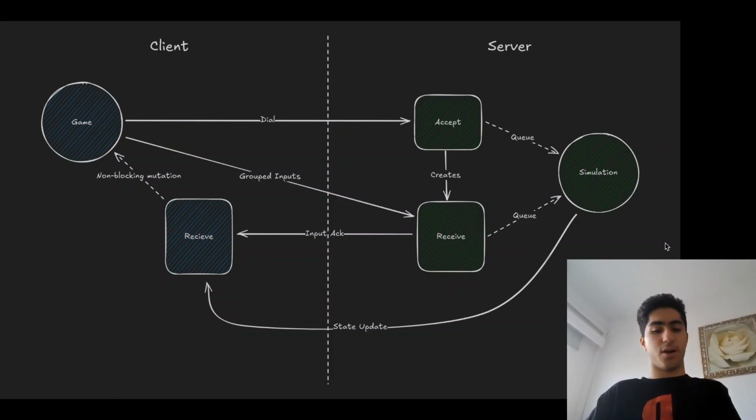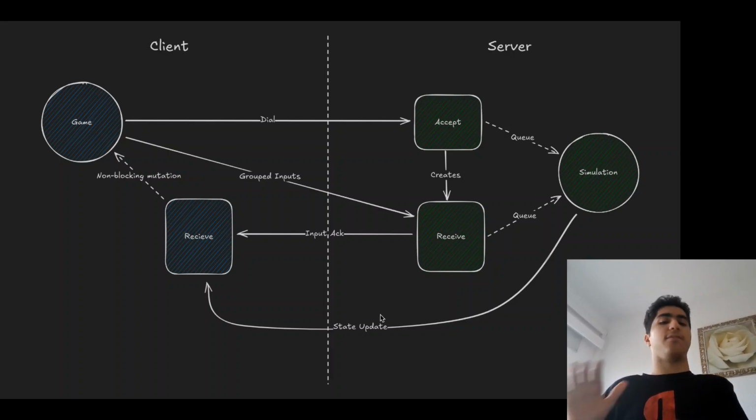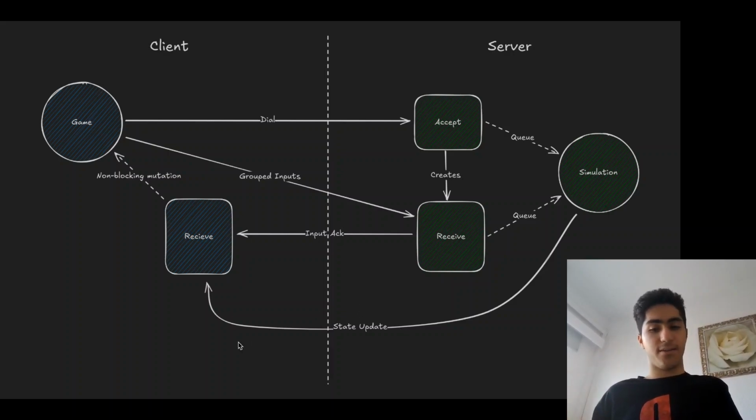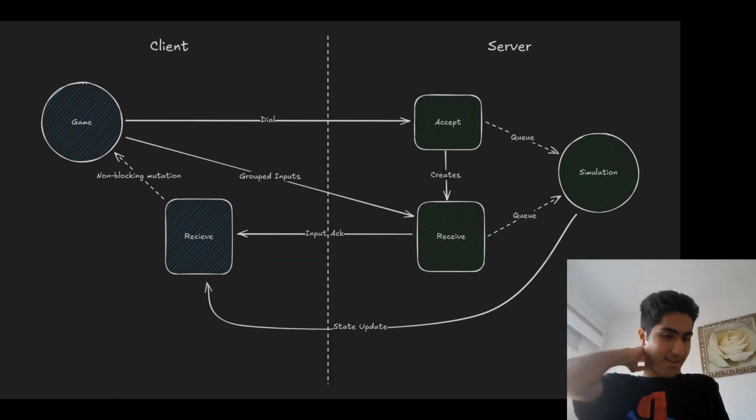So it's going to broadcast a state update with that index we talked about earlier, and the game is going to receive it in its receive loop, and then again in a non-blocking fashion do a mutation to its local state, so everything is fine. And that's it, that's going to be it.